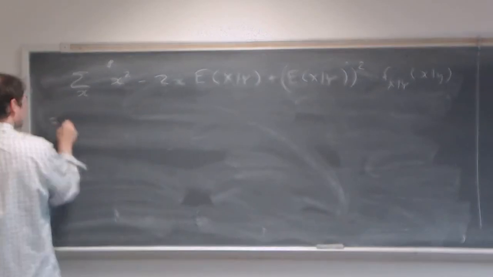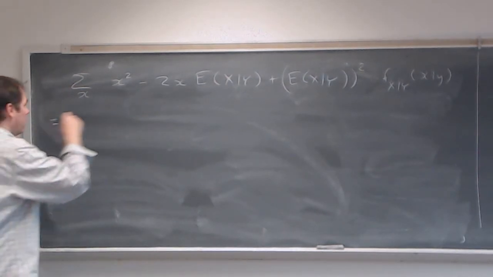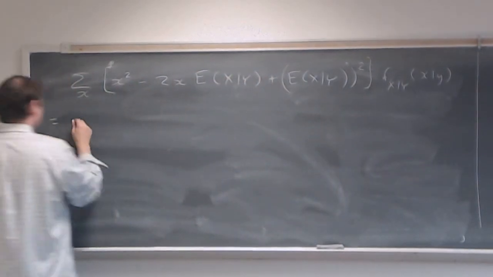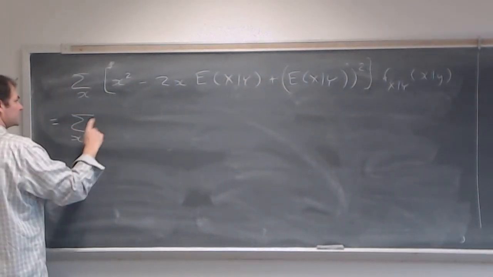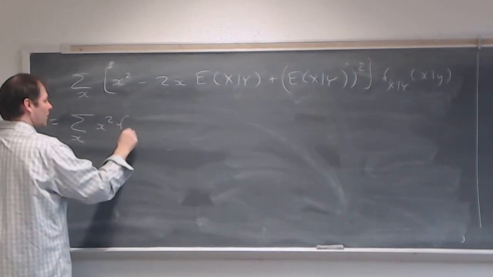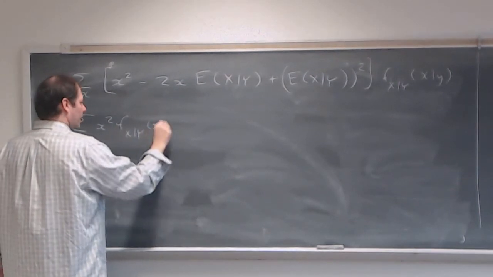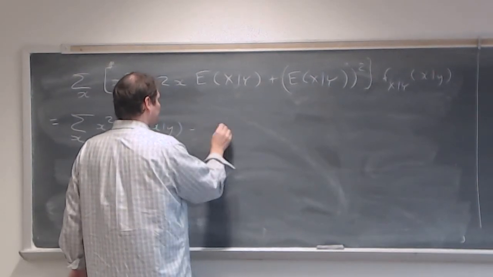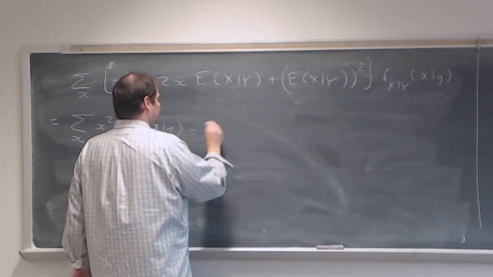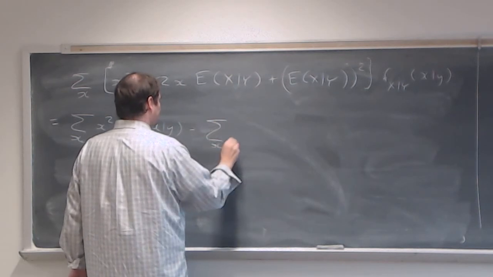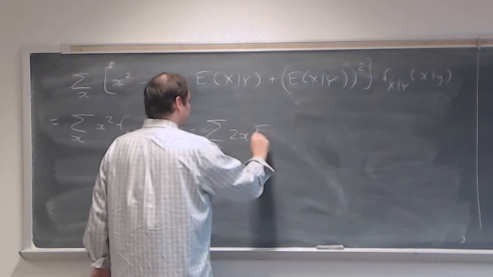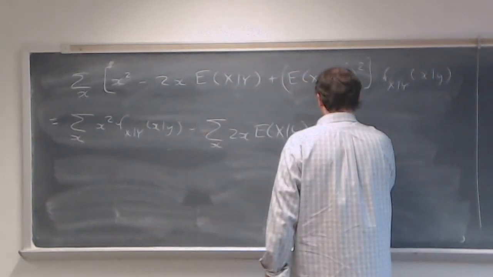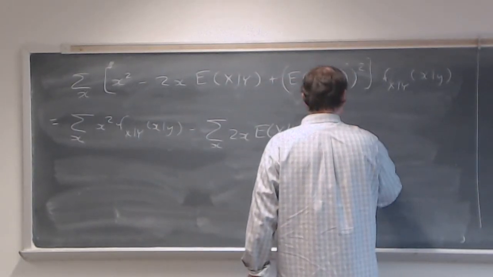We split this up, remember, this multiplication is in this form, into three sums. The first sum is of x squared times f of x given y, minus the second sum, the sum over all x's of 2x times the conditional expectation of x given y times the conditional PMF of x given y.